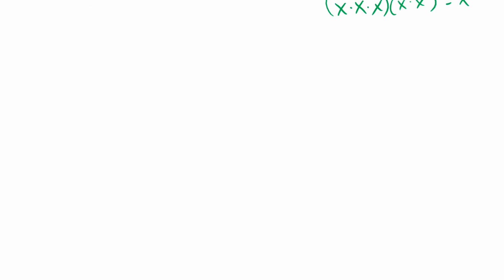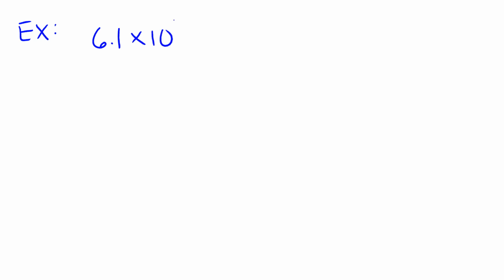Division, same business, right? Use the same one: 6.1 times 10 to the 20th divided by 3.2 times 10 to the negative 15th.